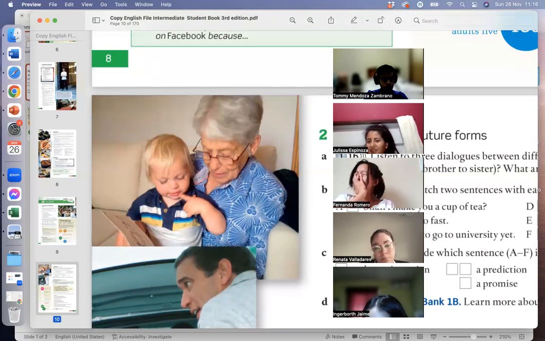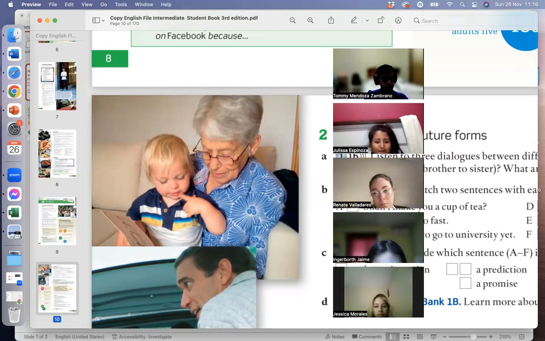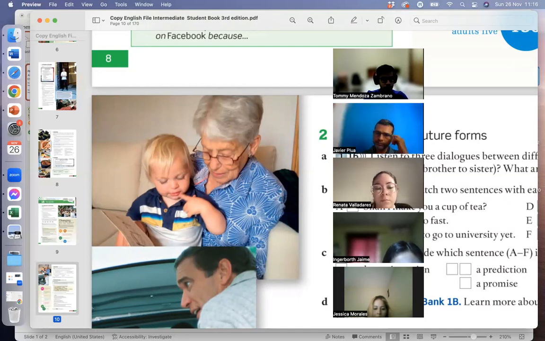Ulisa, can you describe the picture here? Your microphone. And the grandmother is doing... Is doing what, sorry?